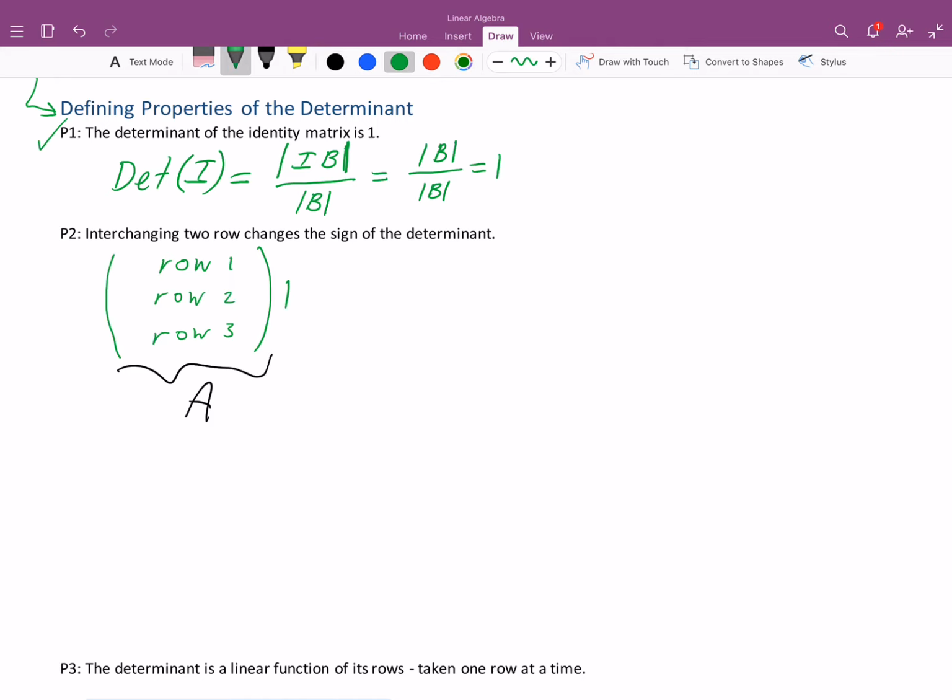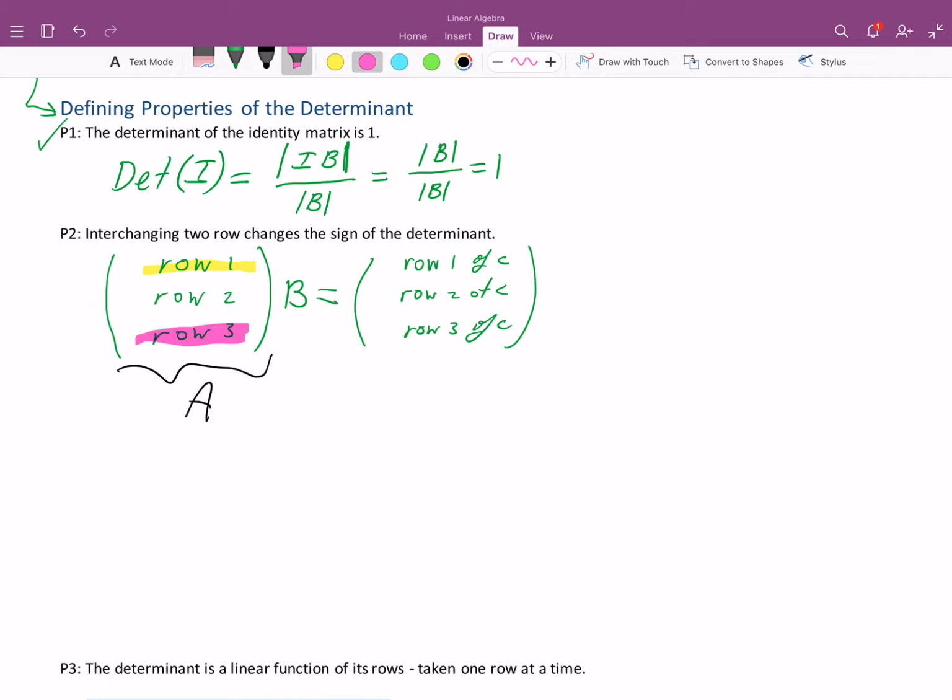And I multiply that with B and I get C. I'm going to call this row 1 of C, row 2 of C, and row 3 of C. Let me highlight this one and this one.